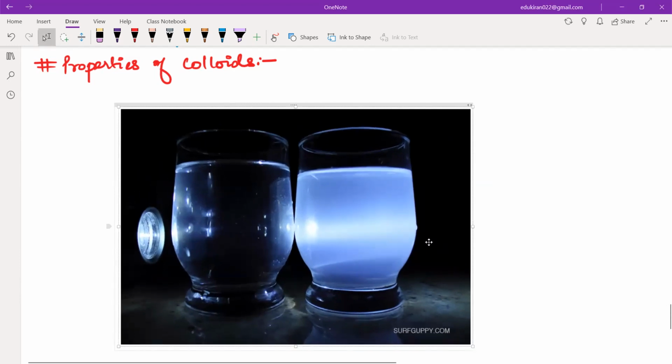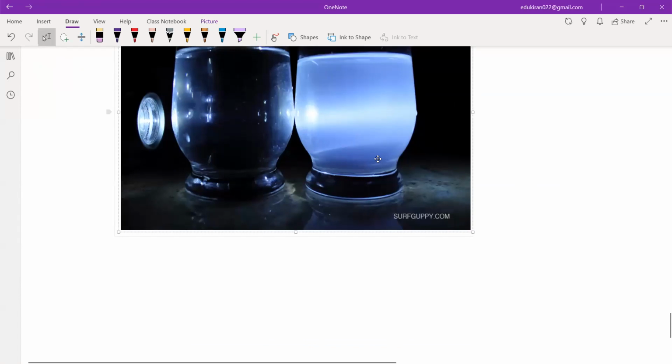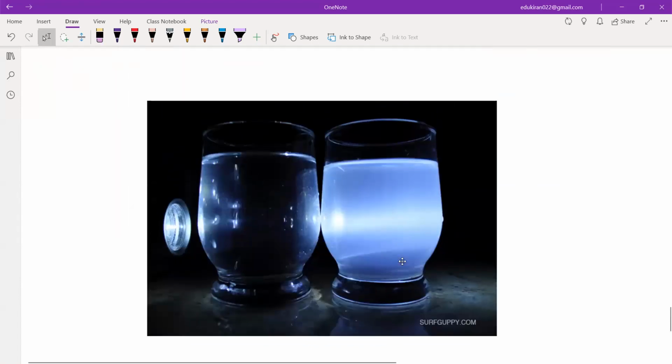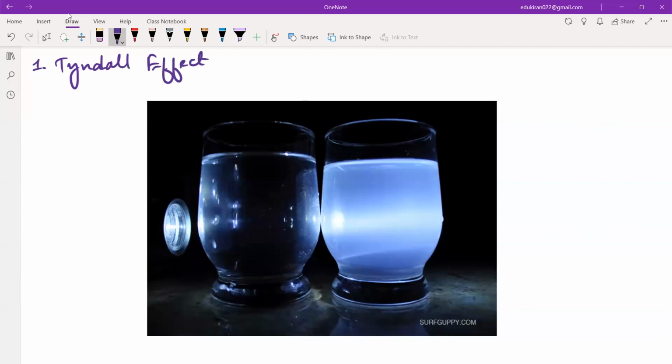This first topic is Tyndall Effect. So this is a true solution, and this is a colloid. Now can you see the difference?